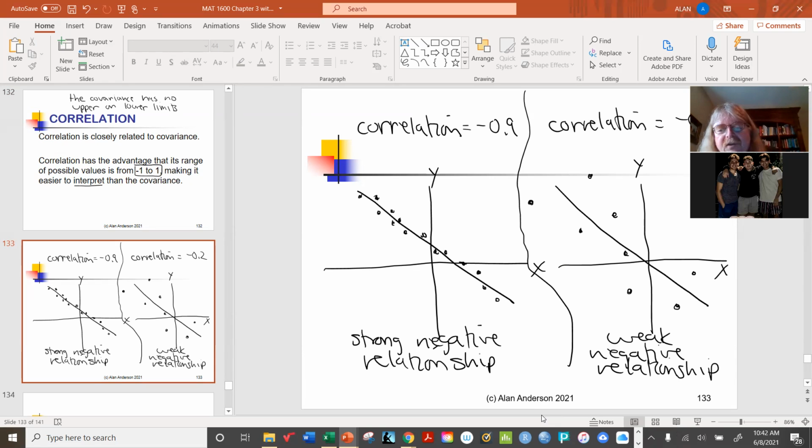And with the covariance, you could not tell without the graph which is which. Here, though, because we know what the upper and lower limits are for correlation, you can tell just from the correlation coefficient, not only the direction of this relationship, but its strength. And that's a huge deal. Makes all the difference in the world with interpreting our results.